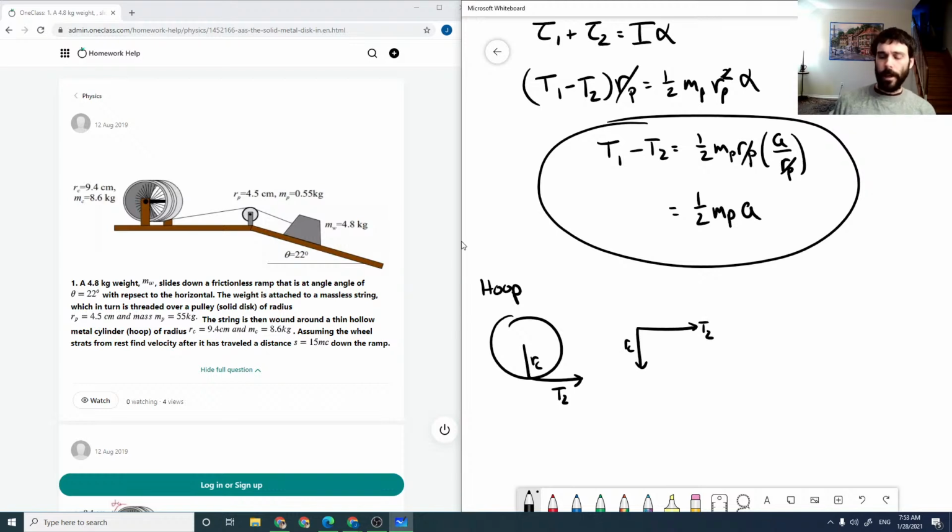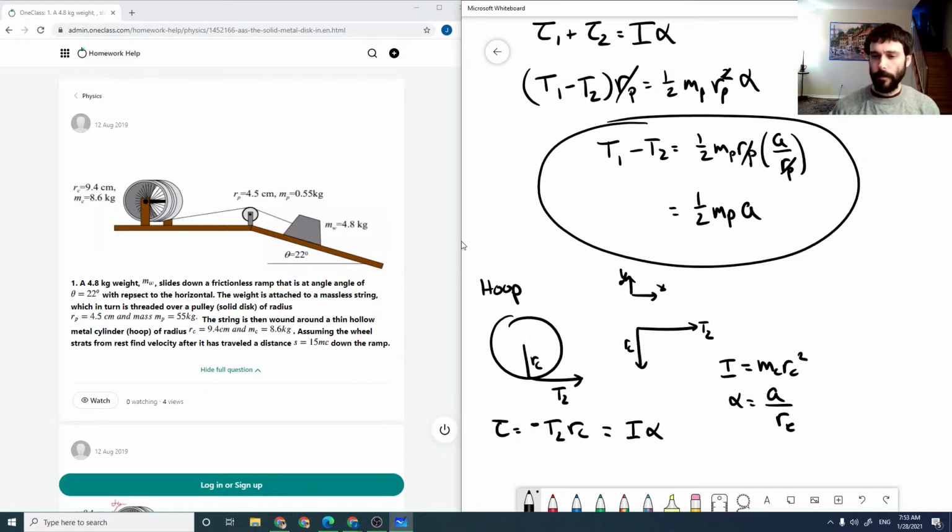Using right-hand rule, we see this is a negative torque, so our torque is minus T2 RC, again having our XY axis go this way. So then this equals our I alpha. In this case, our I for a cylinder is just MC RC squared. And again, our alpha is going to be our acceleration over our RC.